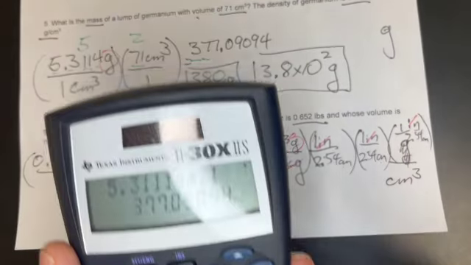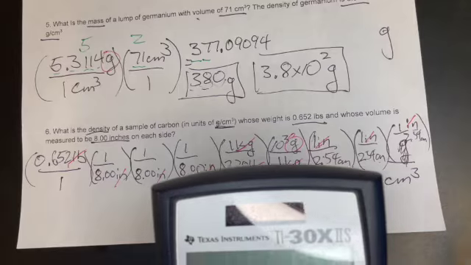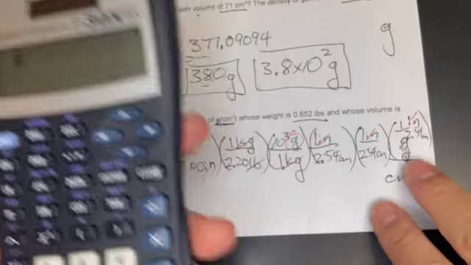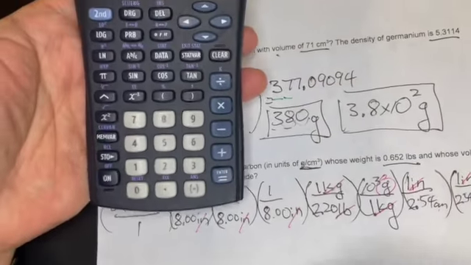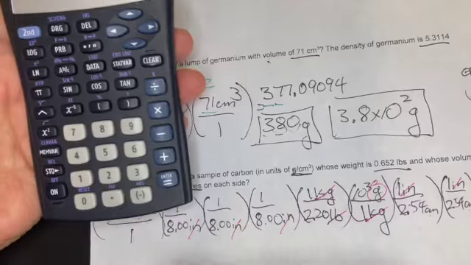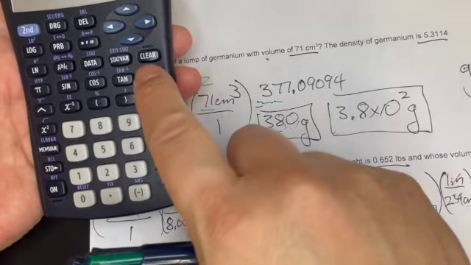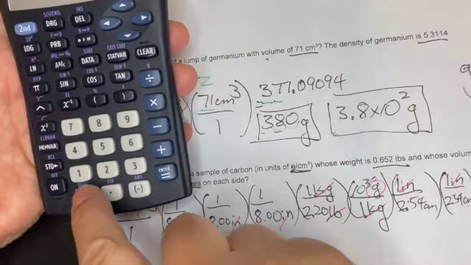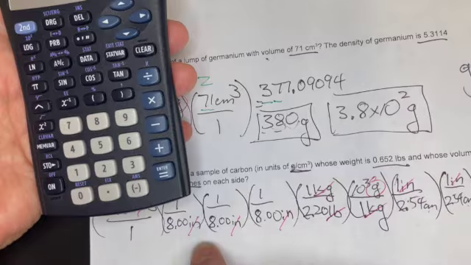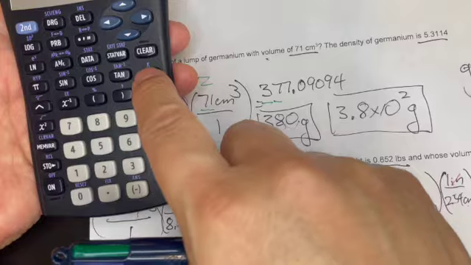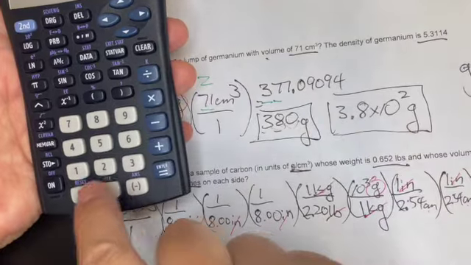So here we go. Put this all in the calculator. This is going to be 0.652 divided by 8.00, because it's on the bottom. This next one is also on the bottom, so we put divided by 8.00.